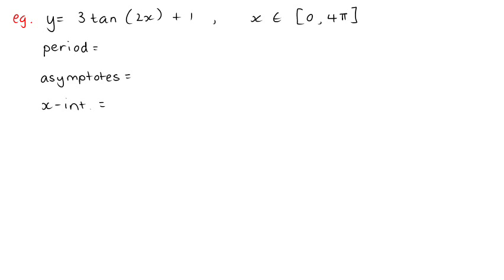K is just always whole numbers, so 0, 1, -1, 2, -2, but you need to choose appropriate k values. So if it's from 0 to 4 pi, you're not going to go down like -2, -3, because it'll probably give you answers that are outside your domain. Okay. Because it's below 0, yeah. So like if you choose -1 and it's already less than your lower domain, you wouldn't keep going negative because it's going to get more and more outside the domain. You go back the other way.